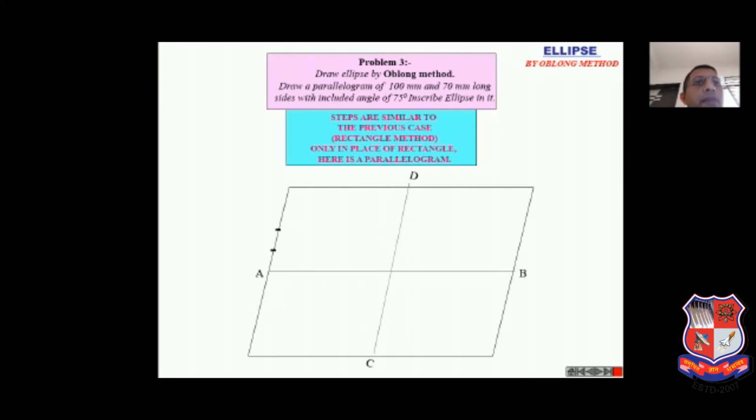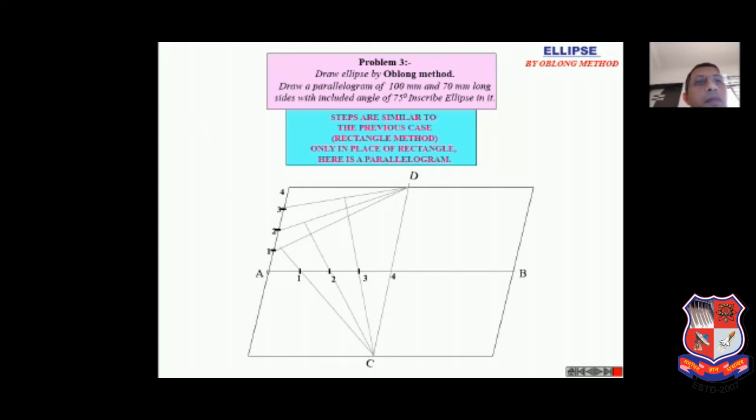Take major and minor axes, then generate one parallelogram, then consider the top left corner, then divide the vertical and horizontal parts into an equal number of parts.